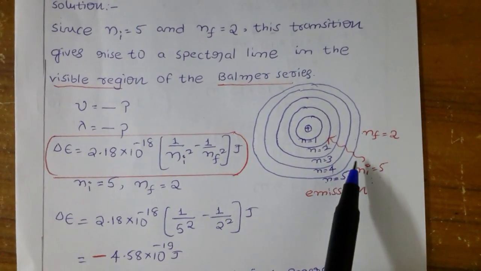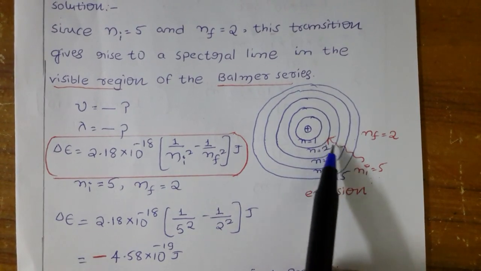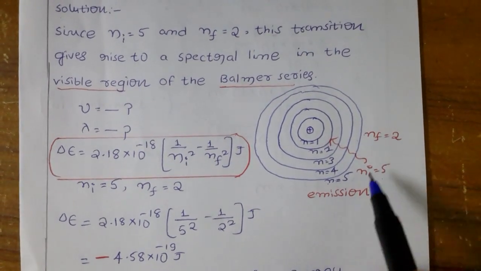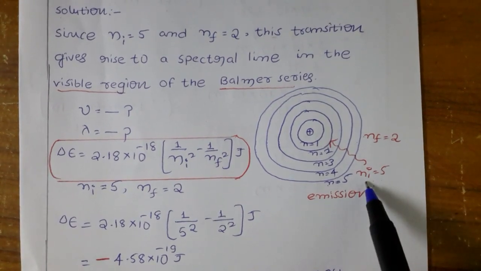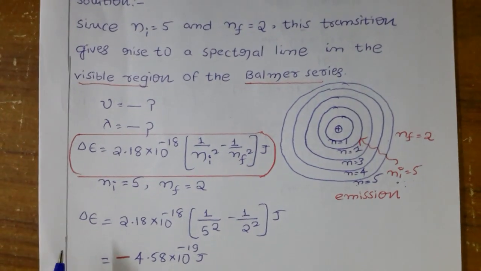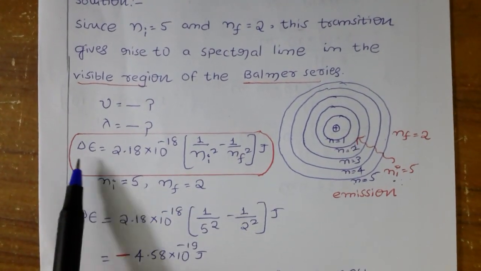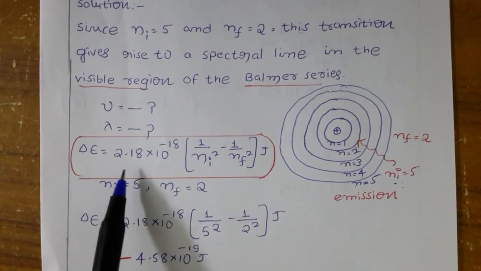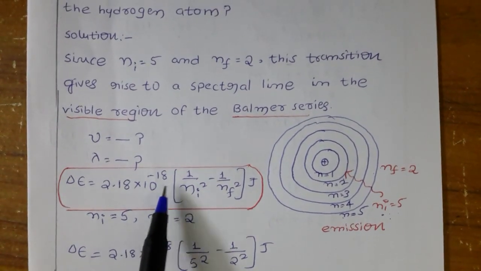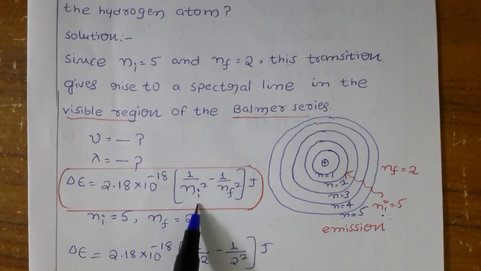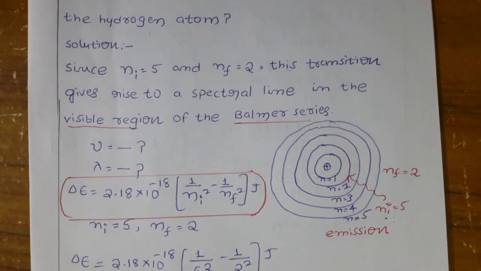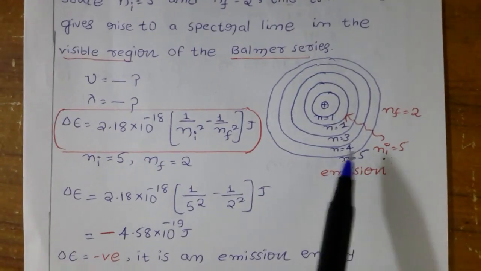We already discussed that once the electronic transition is given, from that you can calculate the energy, by using the equation delta E equal to 2.18 into 10 to the power of minus 18 into 1 by n i square minus 1 by n f square, in joules. So what's the initial here?